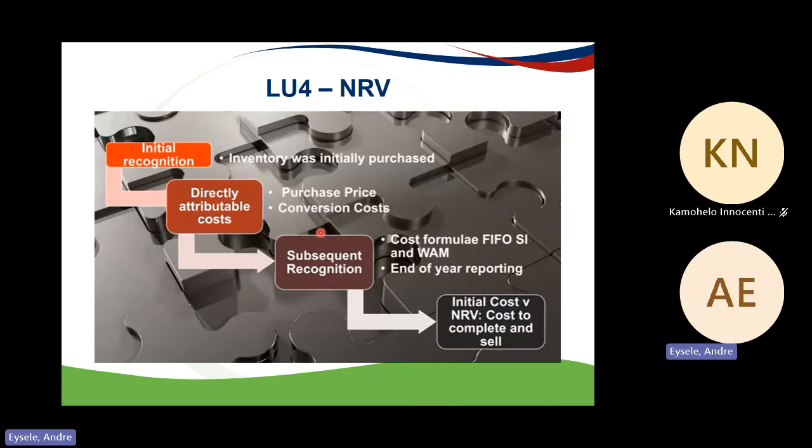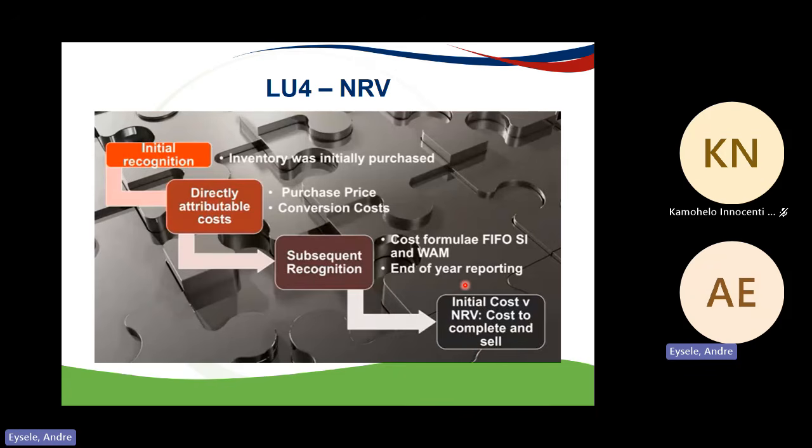So where are we? We indicated to you the initial recognition of inventory. Okay, all directly attributable costs, which is your purchase price and conversion costs. Okay, your subsequent recognition, which can be FIFO, specific identification or weighted average method, at the end of the reporting period, and then we will come to your NRV.